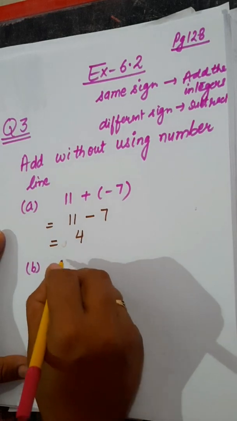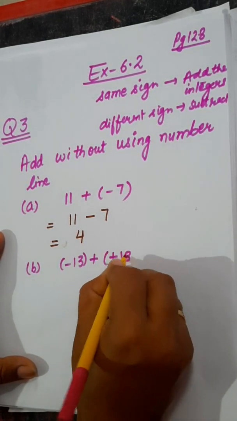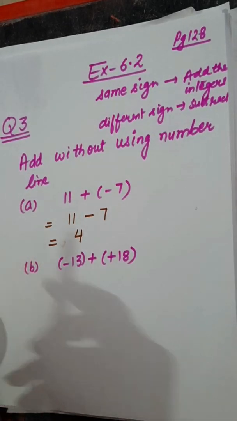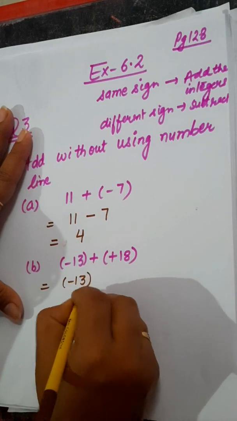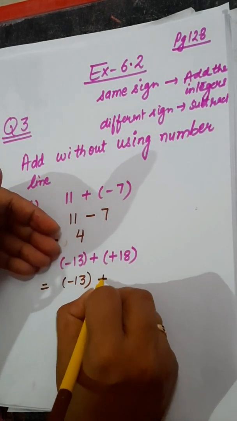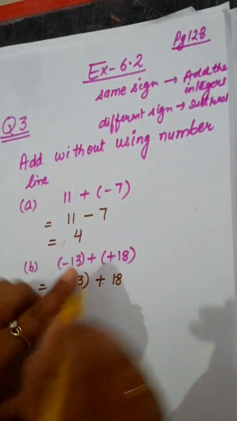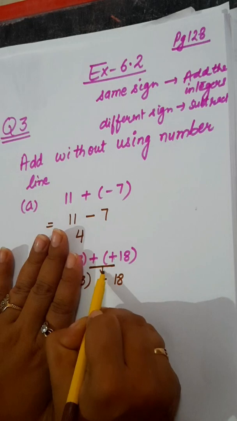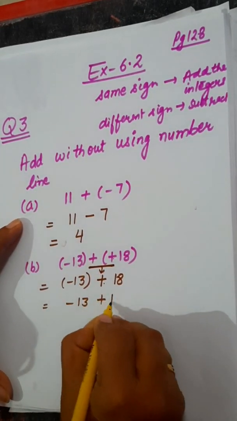B part is minus 13 plus 18. So I have minus 13 plus 18.